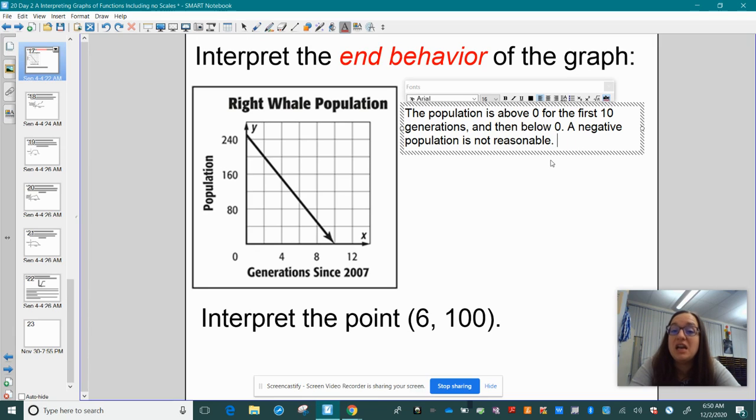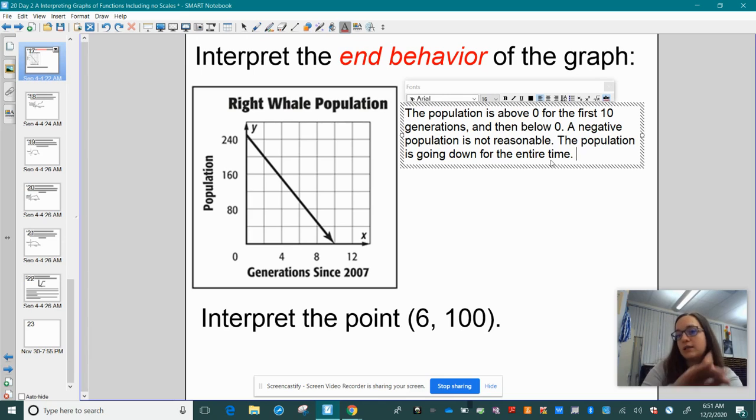And then you got to talk about that negative slope. The population is going down for the entire time. You could also put as X values are increasing, because we're still continuing through time, our Y values are decreasing. So the Y is going down. The X is consistently increasing because our X is usually time, and time just keeps ticking.